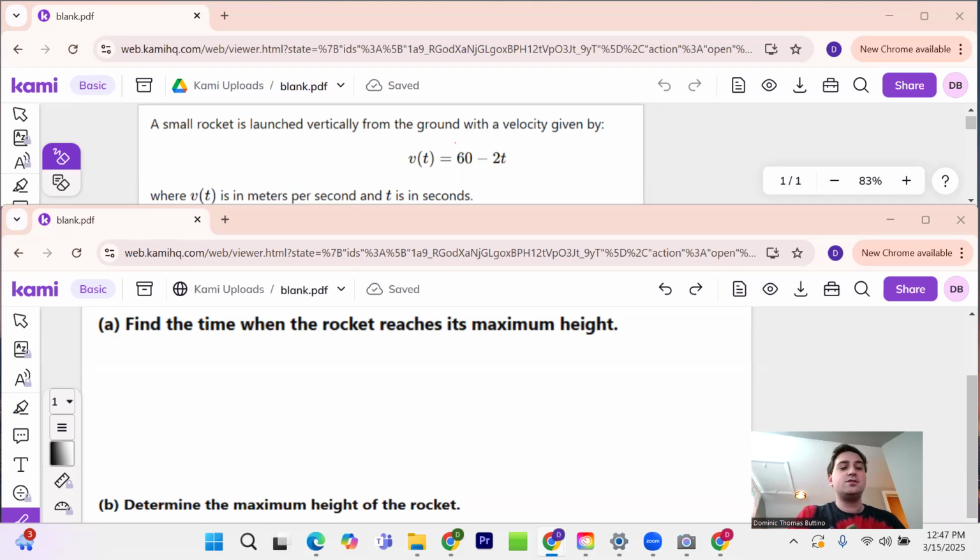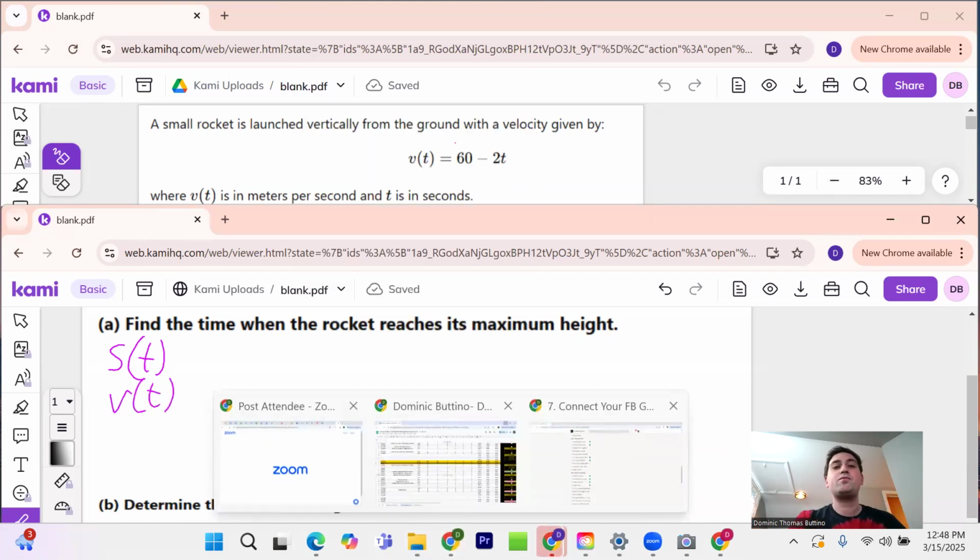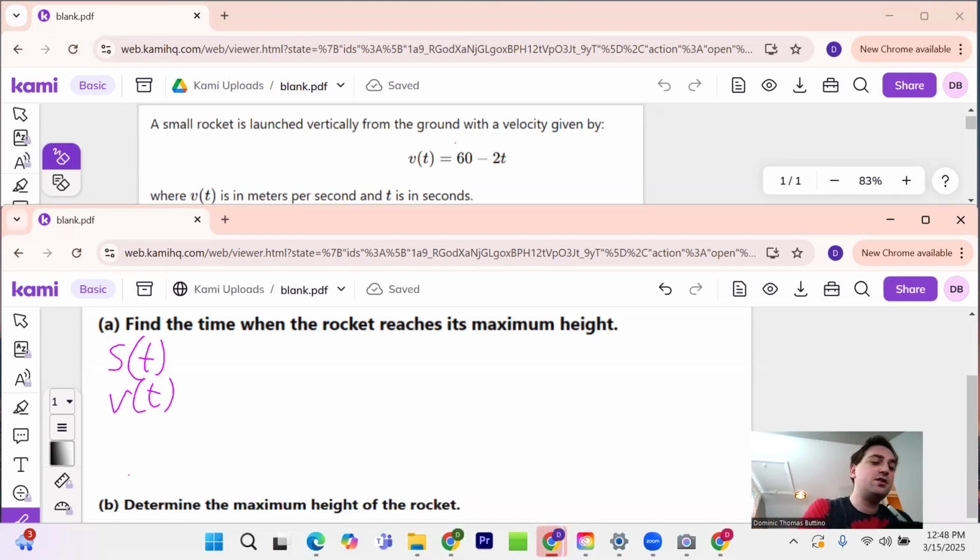Let's do it. So just as a refresher, there's s of t. That is the displacement function. The derivative of that, v of t, is the velocity function. And then a of t is the acceleration function.